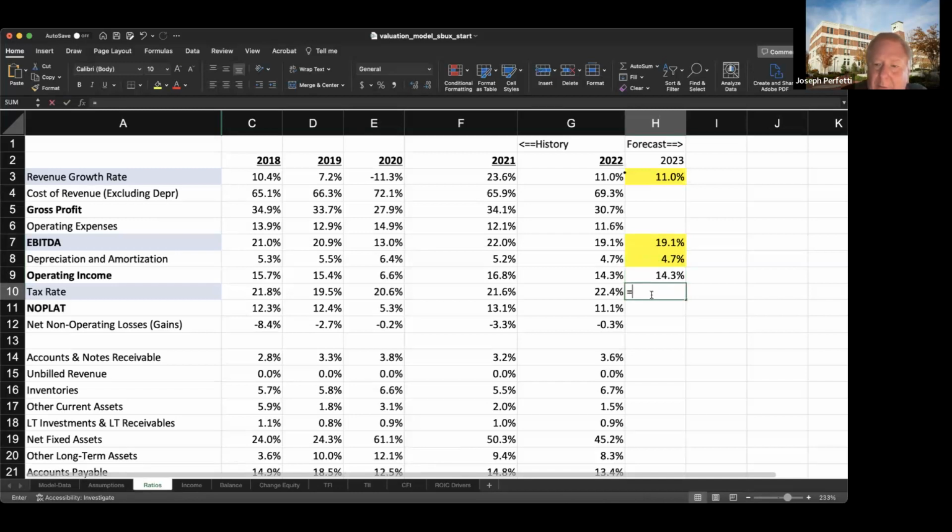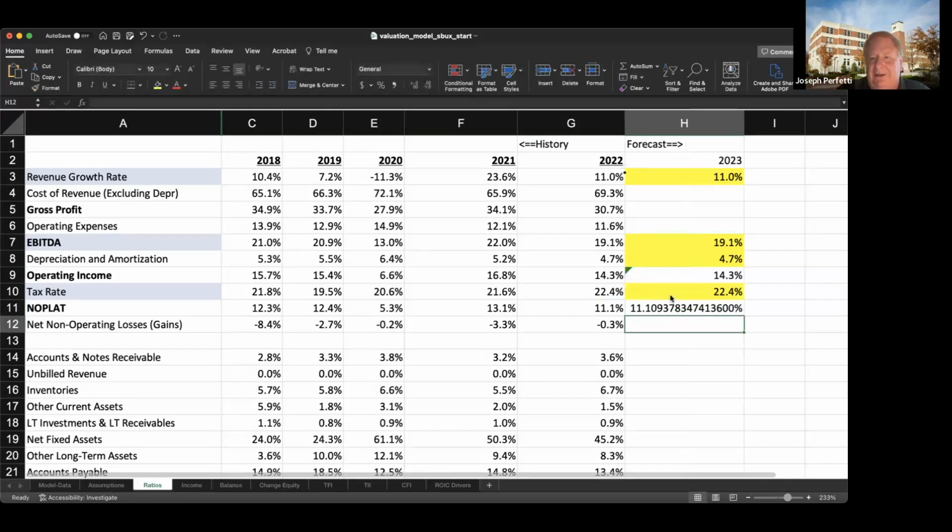Next, tax rate. What do we think Starbucks is going to pay in taxes next year? That's yellow because that could change. What is our NOPAT or NOPLAT as a percentage of sales? Here's the formula, by the way, which you could just copy over one cell from G11 to H11. Basically, we take our operating income and multiply by 1 minus the tax rate. And that would be our NOPLAT percent. Change that back to a percent.